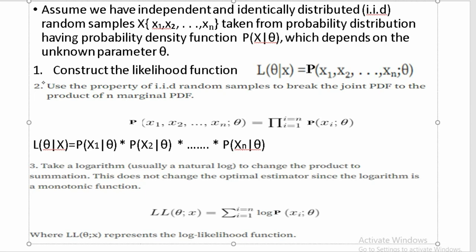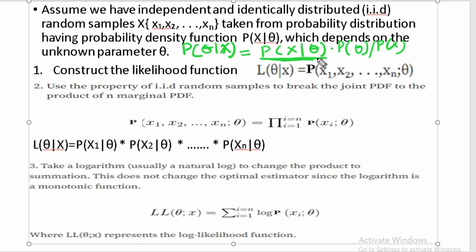Okay, now let us see how it is done step by step. First one is to construct a likelihood function. According to Bayes' formula, P of theta given x is equal to P of x given theta into P of theta by P of x. Now here in this equation, this part is called the likelihood of theta.